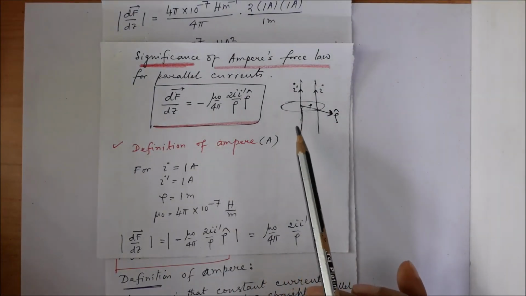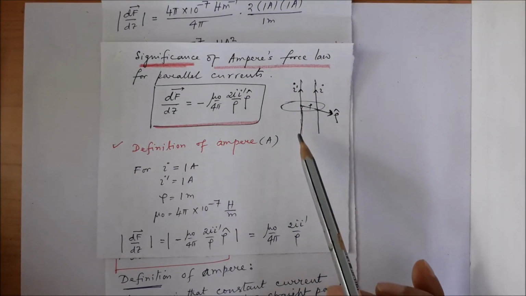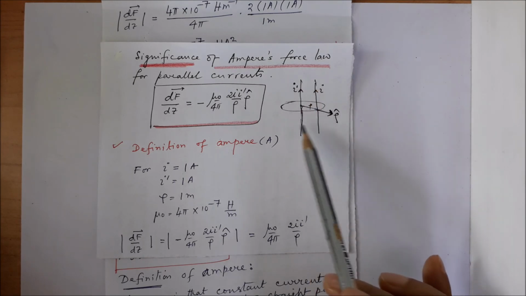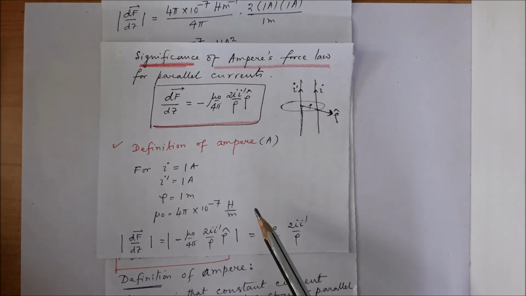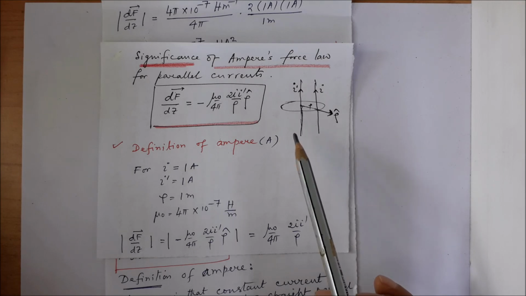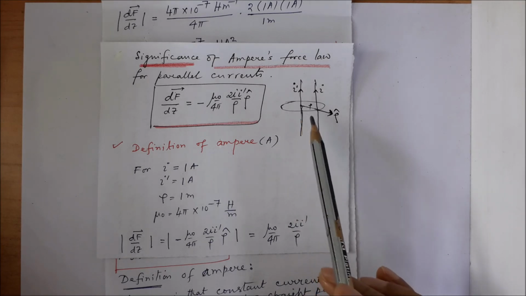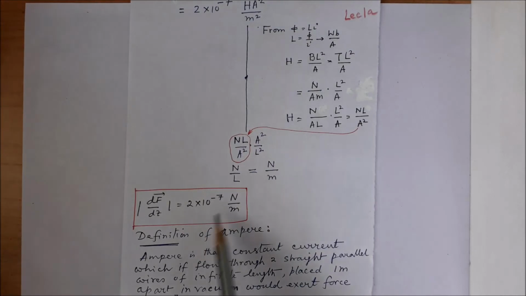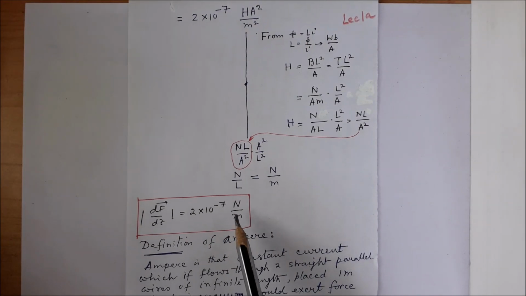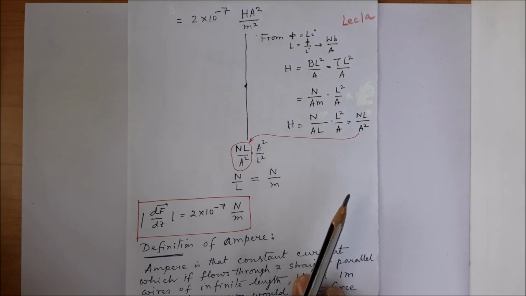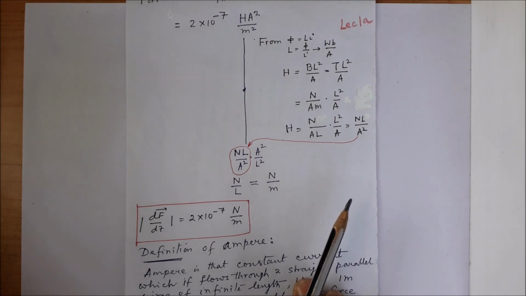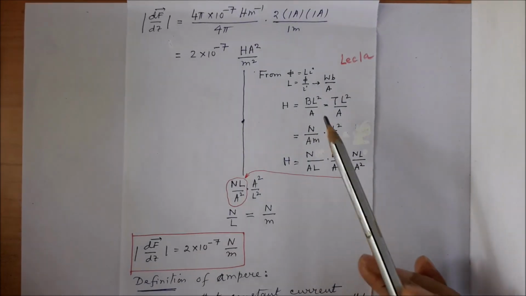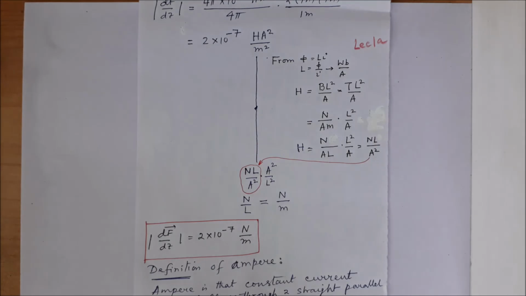So an ampere is that current which, when flowing through two infinite parallel wires at 1 meter separation in vacuum, exerts a force of 2 into 10 to the power minus 7 Newton per meter. It might be an attraction if currents are flowing in parallel, or repulsion if currents are flowing in antiparallel.